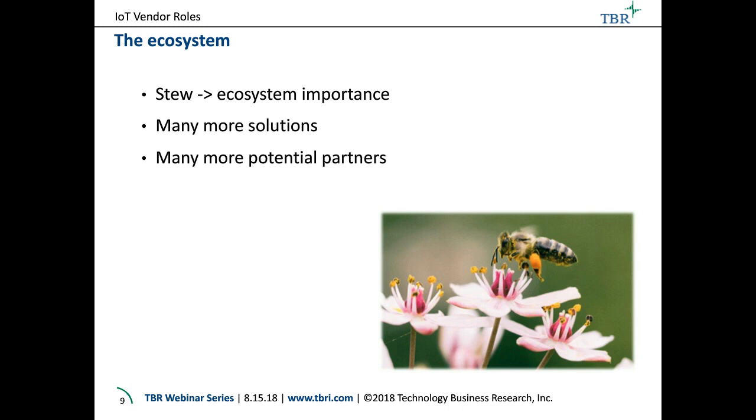It gives you many more potential partners, not just in the formal partnership sense or in partnership with the end customer, but your relationship to other vendors in the ecosystem is often a kind of informal partnership where your offerings complement each other, you can together address a broader market, and you're using each other's contacts into the business world to expand your marketplace. This means cultivating, understanding, researching the ecosystem is more important in IoT than in general.